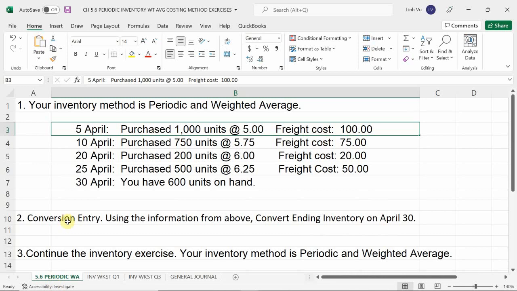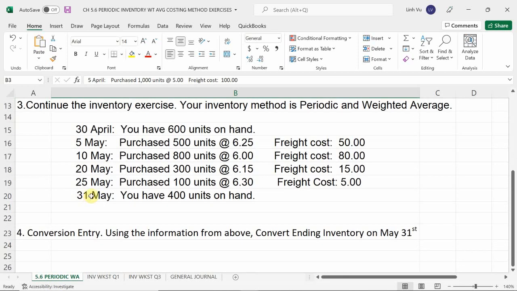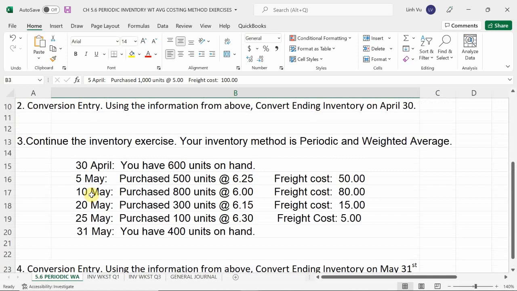All right, so the next section asks what happens when we have beginning inventory. We're going to continue the problem with beginning inventory. Here on April 30th, we should have a total of 600 units on hand, which we know was correct. And we also are going to continue on with a new batch of inventory purchases for May.